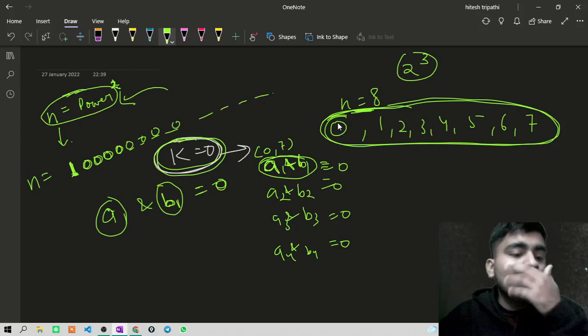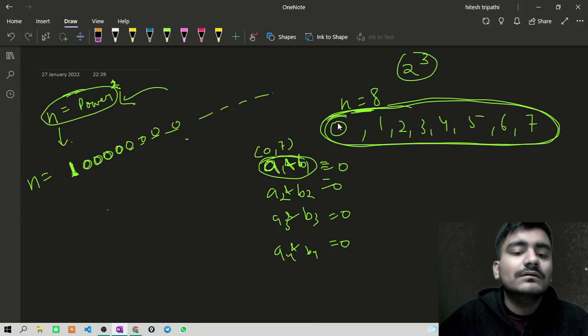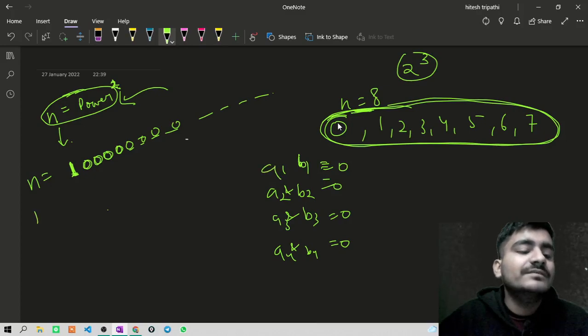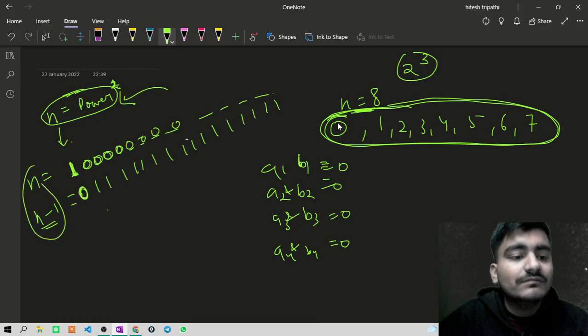Now if I subtract 1 from this number, I make this number n minus 1, so it will simply become 0 and all the bits to its right will be set to 1. So this is the power of subtracting 1.